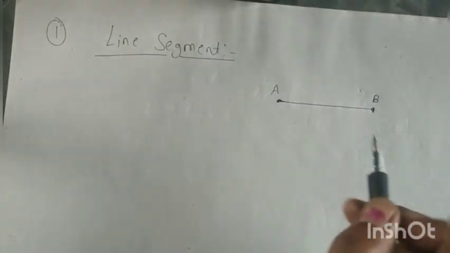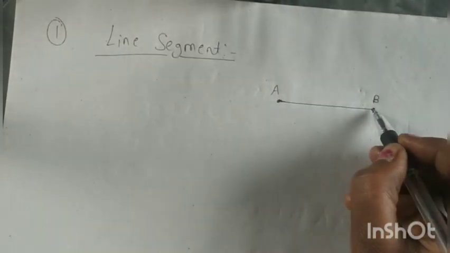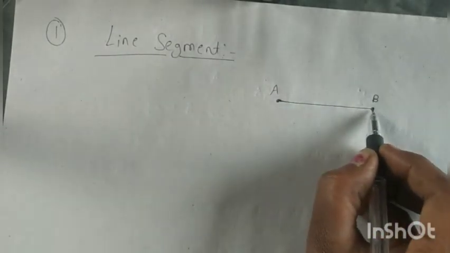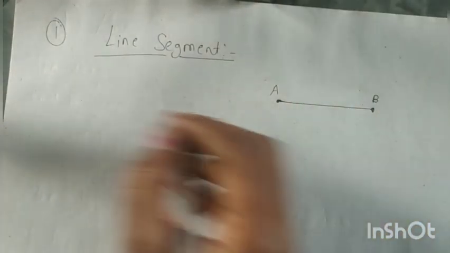Line segment: point A and point B are connected in a straight line.